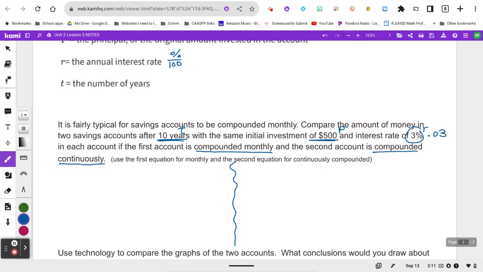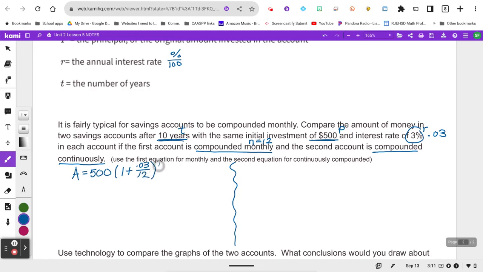All right, so the first one we're going to do is if it's compounded monthly. So monthly, that's your N. Remember, N is going to be 12 because it's every month. So we're going to go 500, the initial amount, times 1 plus our rate over 12.